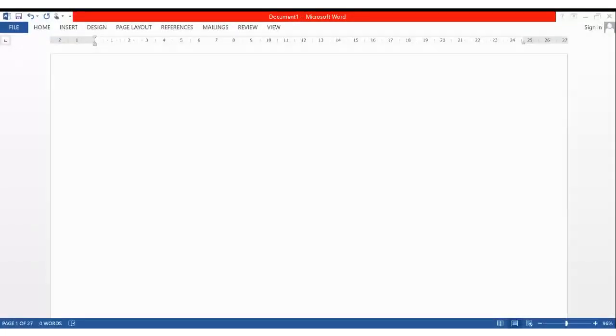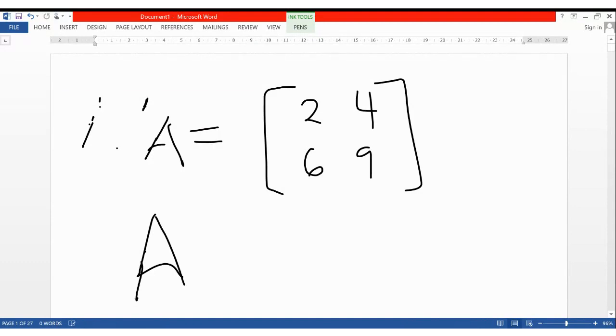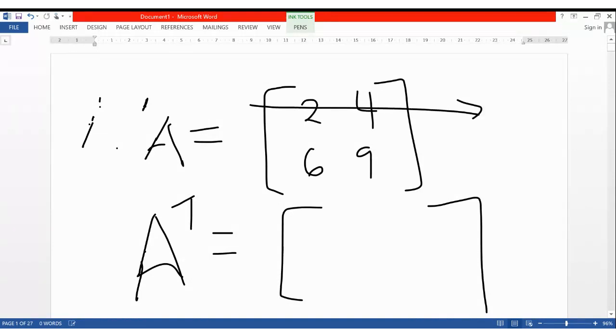So the transpose of a matrix, if A is equal to, let's say, 2, 4, 6, and 9, so the transpose, denoted by A transpose, will be given by, so this one, you can see these are the rows.